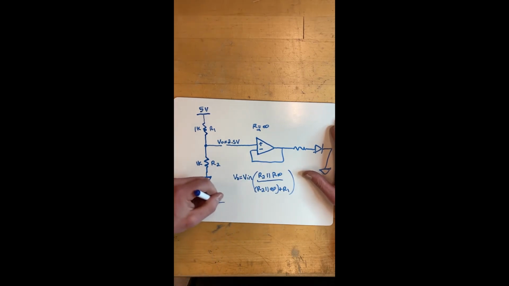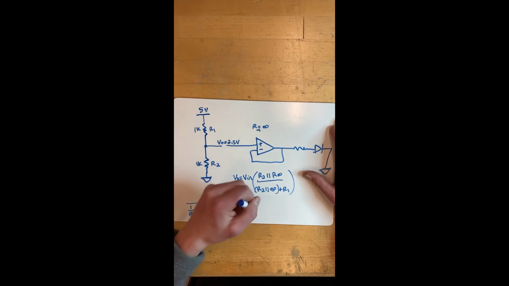Well, it's 1 over R2 plus 1 over infinity. 1 over infinity is 0. So it's actually 1 over R2 plus 0, which is equal to R2 over 1.